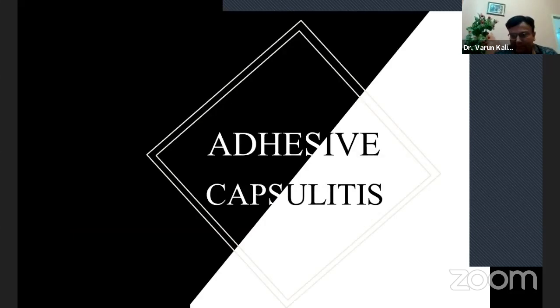So first one is the adhesive capsulitis. Adhesive capsulitis has so many different names, but we know just one or two names for it. But if we look back over the centuries, from the 1850s, its name has been continuously changing till now. Now we know it as adhesive capsulitis, but in the 1850s, it was known as 50s shoulder.